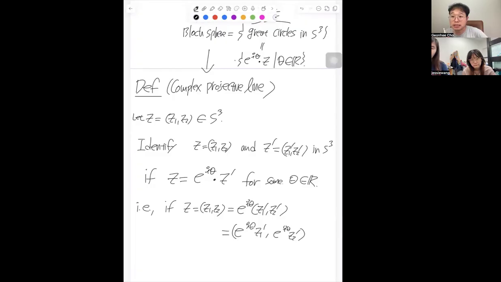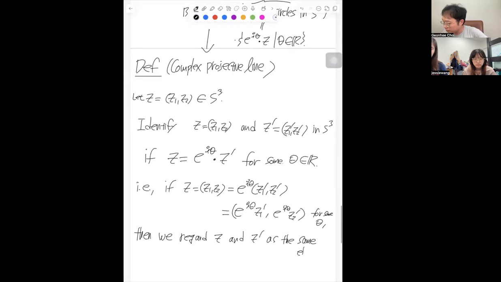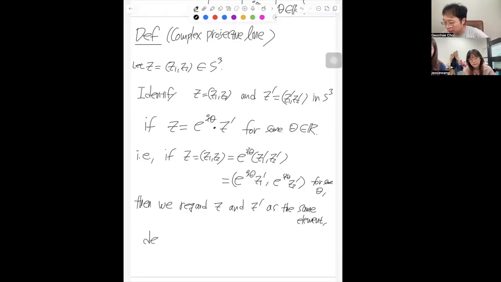Then we regard them as the same for some theta. Same element. Is that okay with you? Same element.